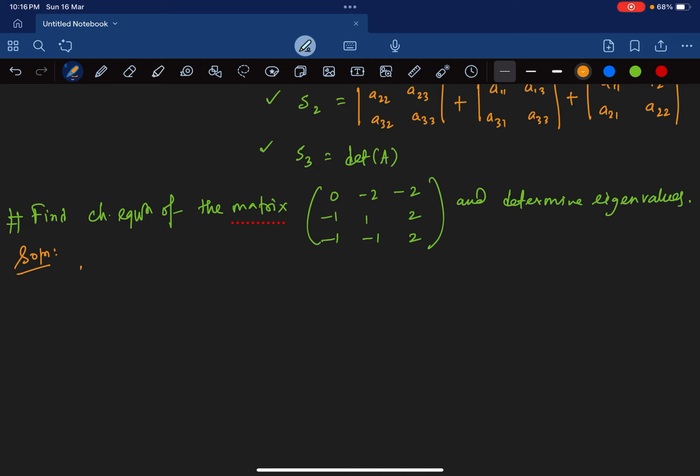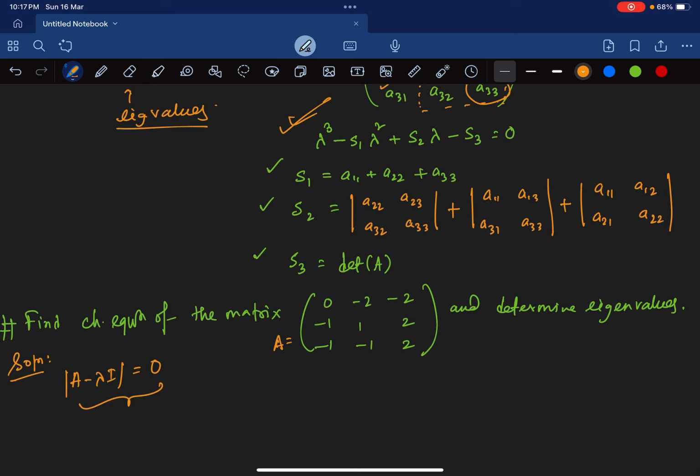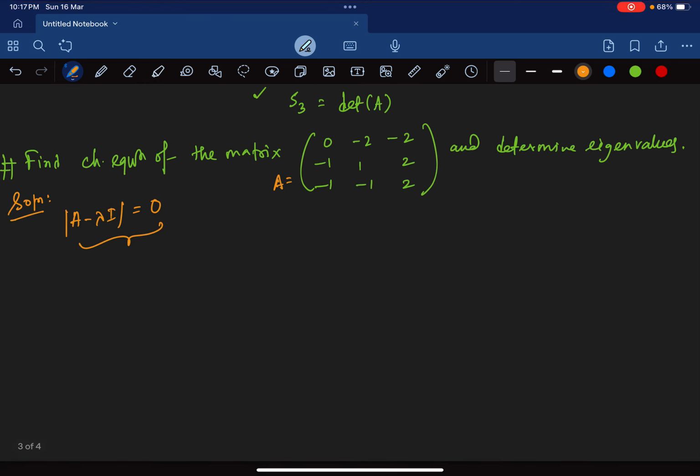So solution, suppose this matrix is A, so one way is |A - λI| = 0, find determinant and find out the value for λ by making it equal with 0. This is one way. Another way is what? Just now we learned this technique. So first we'll find S1. S1 is 0, 1 and 2, that is 3.